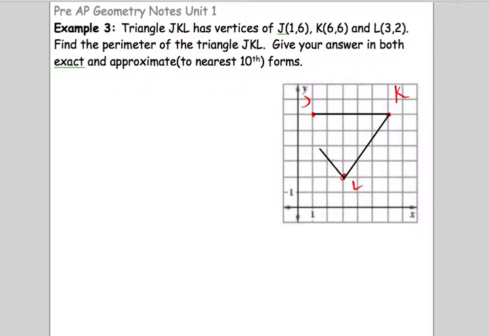Now you could use the distance formula to find the lengths of the sides if they're not horizontal or vertical, or you could use the Pythagorean theorem if you want to draw the little right triangle stair steps into the picture. I'm going to use the Pythagorean theorem here.